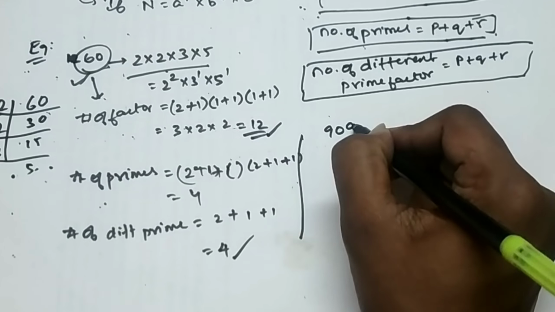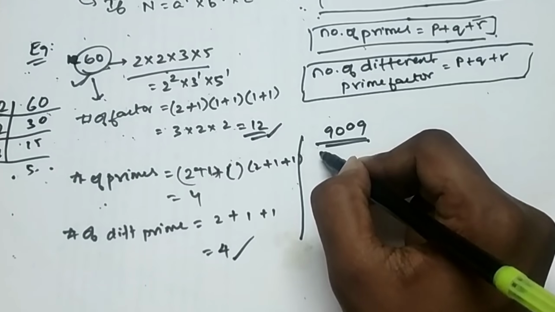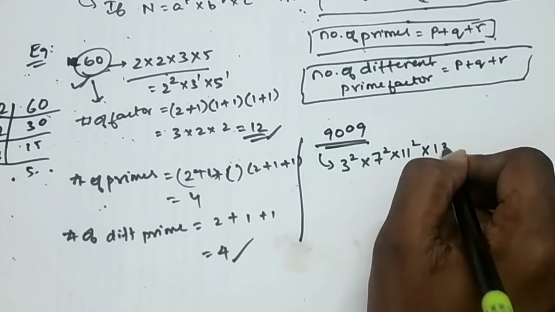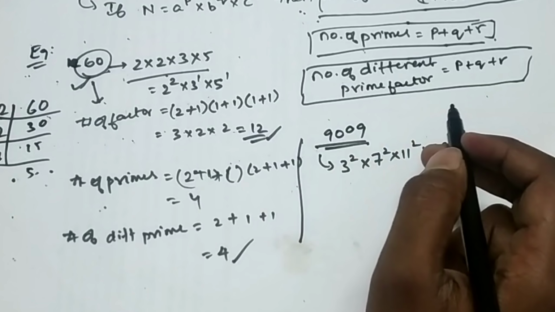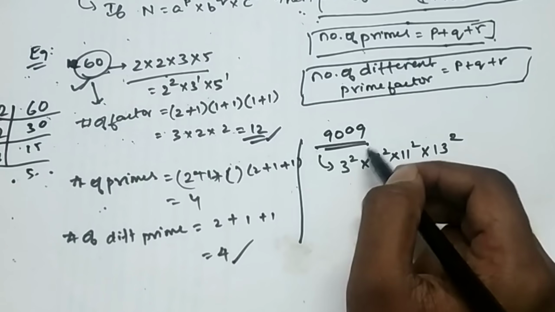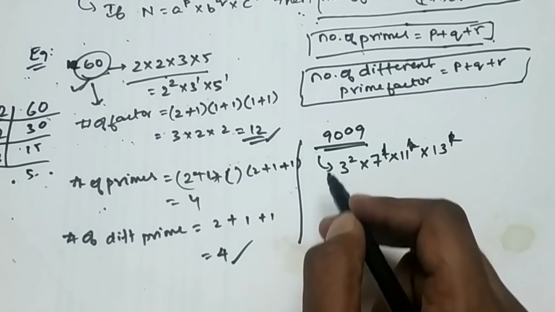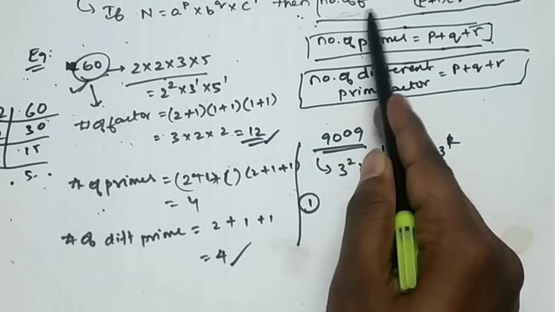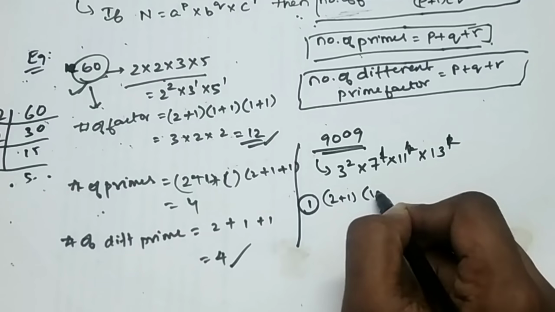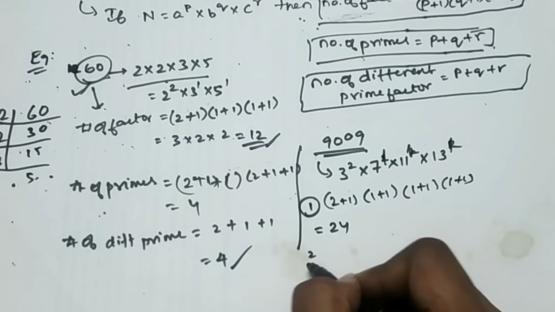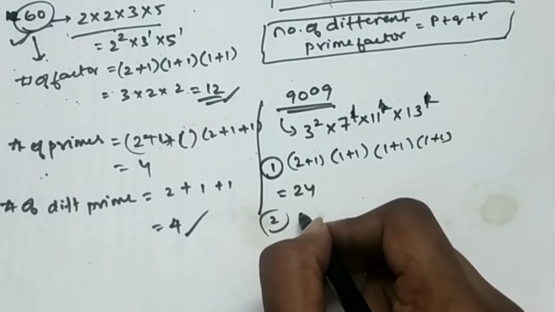Let us see another example. Multiples, we will get 3² × 7¹ × 11¹ × 13¹. So for the factors, (2 + 1)(1 + 1)(1 + 1)(1 + 1), so 3 into 2 into 2 into 2 will be 24.